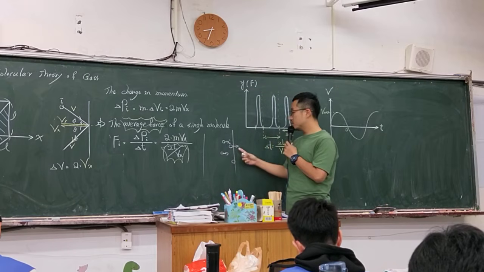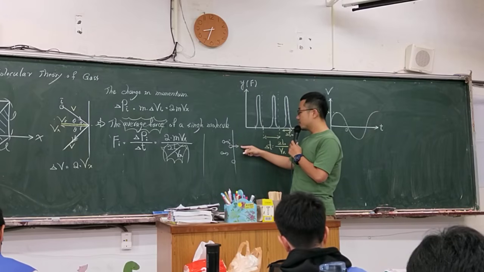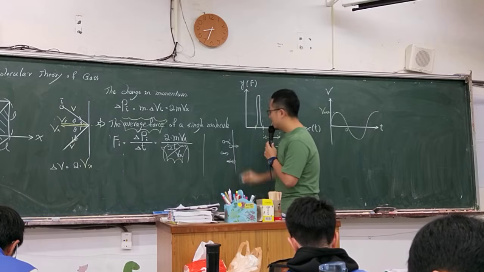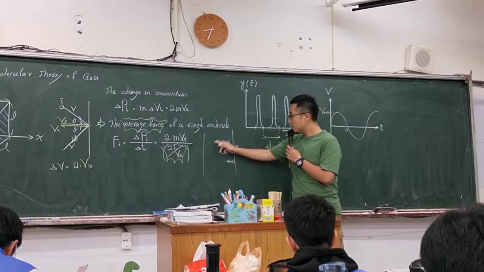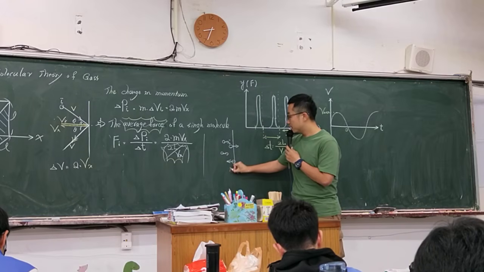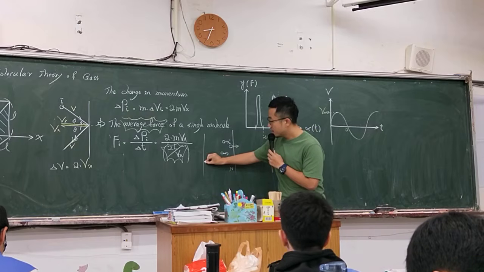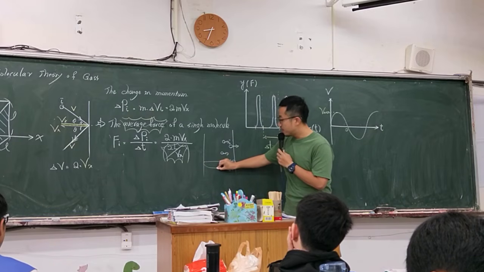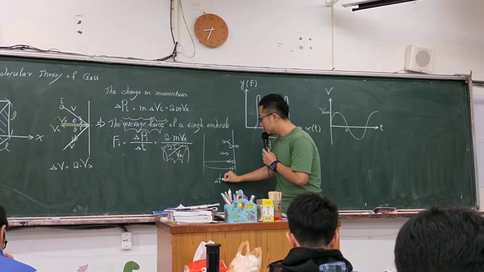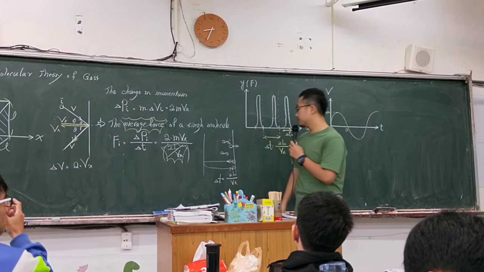When particle 1 is ready to strike the wall, the nearby particle is moving in the opposite direction, and the other particles, earlier than the number n particle, will now travel in the opposite direction, and next time when they travel back to the right-hand side wall, it takes time delta t equal to 2L divided by the Vx.